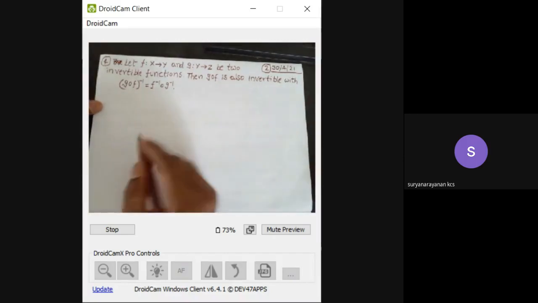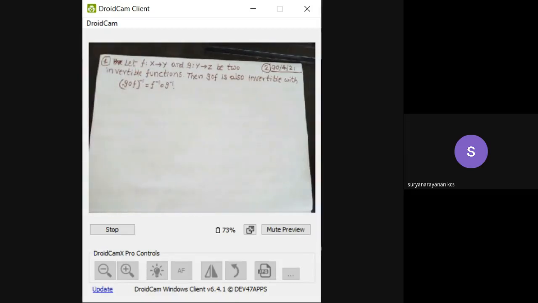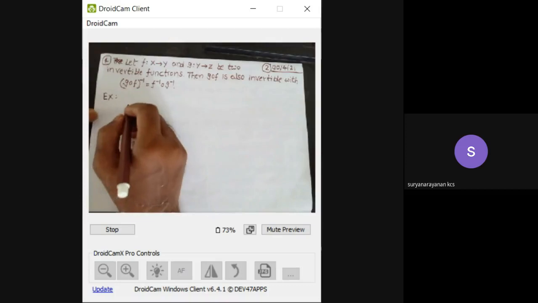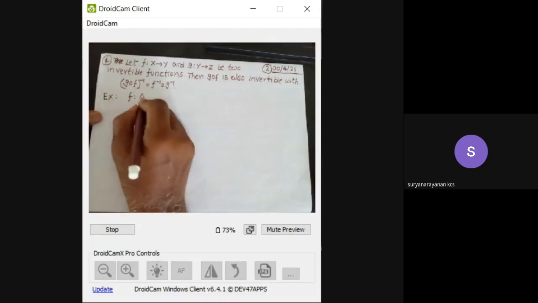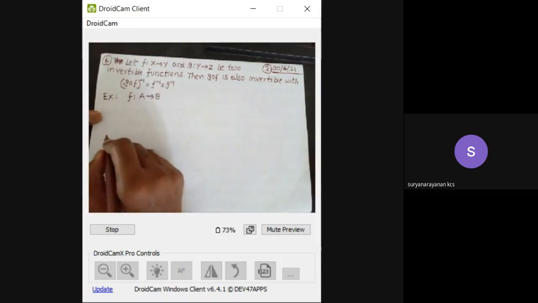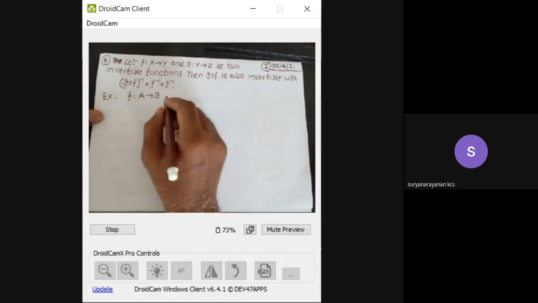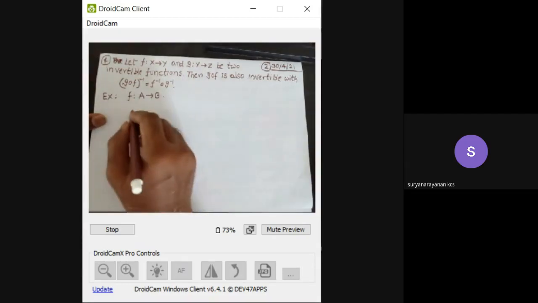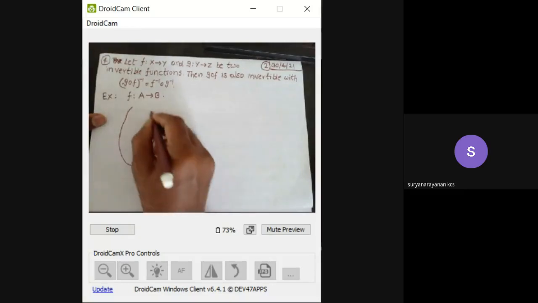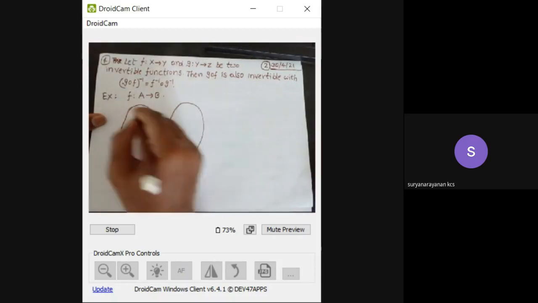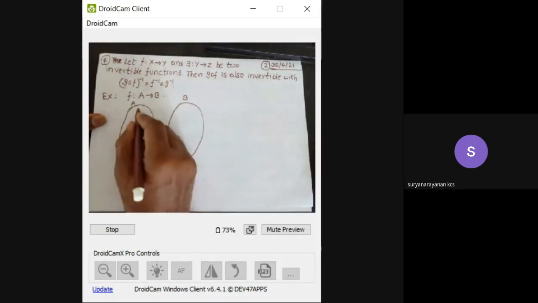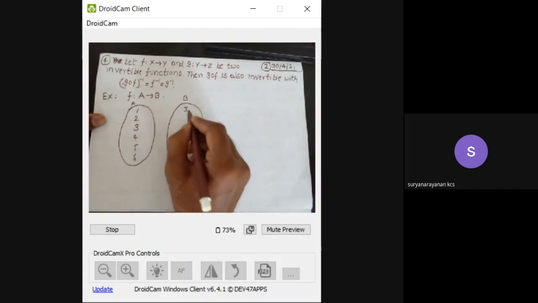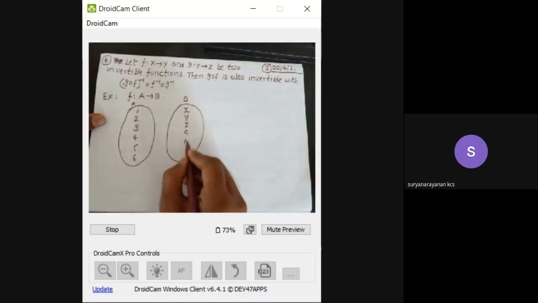How to find the inverse of a function? Suppose f is a mapping from A to B, and we are showing this function f in an arrow diagram like this.